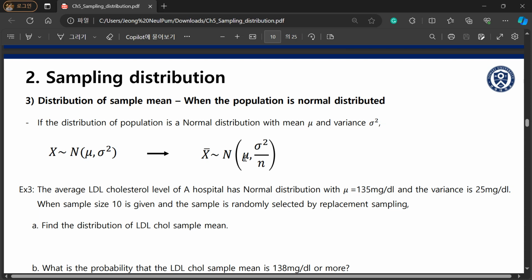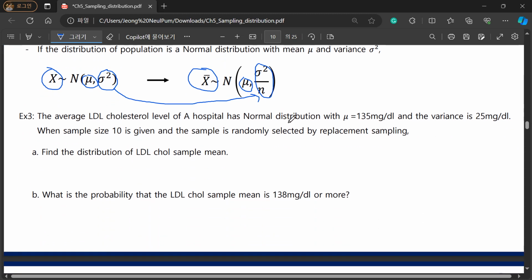It is the same, and then the variance is sigma squared divided by n, in which sigma squared is from the population distribution. So make sure that when our population follows the normal distribution, our sample mean follows a similar normal distribution with similar parameters.